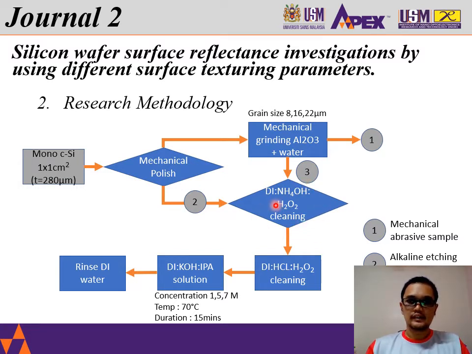The chemical alkaline etching process starts with cleaning with a solution of DI water mixed with NH4OH and H2O2. It proceeds to another cleaning, again DI water, but this time mixed with different chemicals, HCl as well as H2O2, and then proceeds to the etching process, with a solution of DI water, KOH, and IPA.